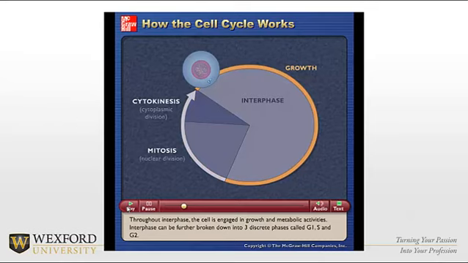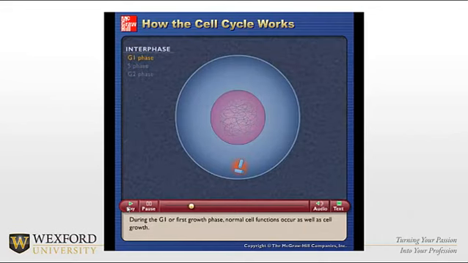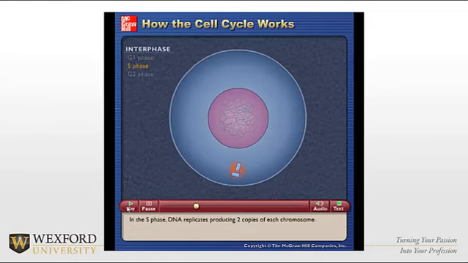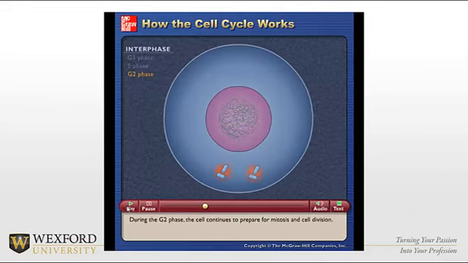Interphase can be further broken down into 3 discrete phases called G1, S, and G2. During the G1, or first growth phase, normal cell functions occur as well as cell growth. In the S phase, DNA replicates, producing 2 copies of each chromosome. During the G2 phase, the cell continues to prepare for mitosis and cell division.